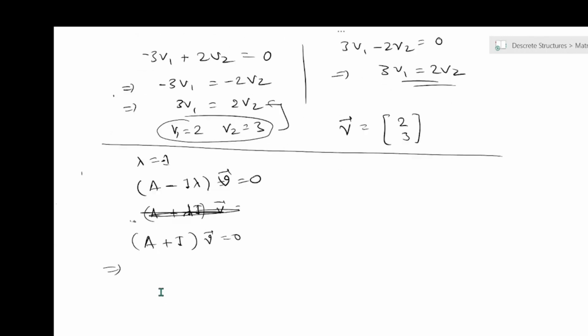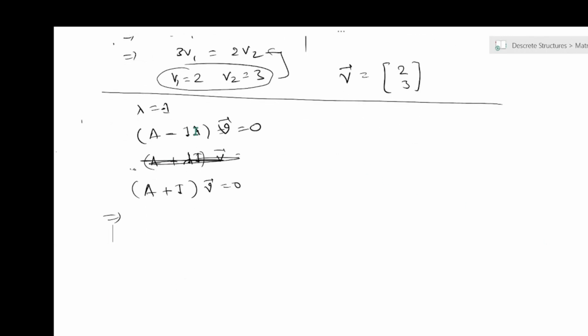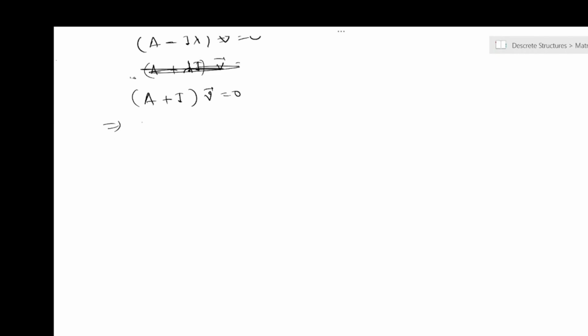Now we know that the value of A is [1 2; 3 2], plus [1 0; 0 1], and this times the vector is equal to 0.